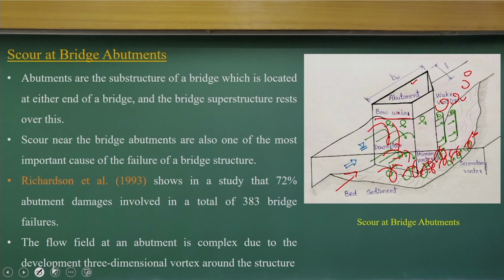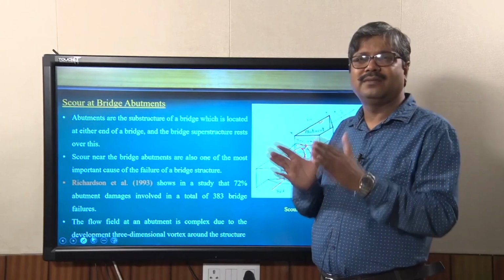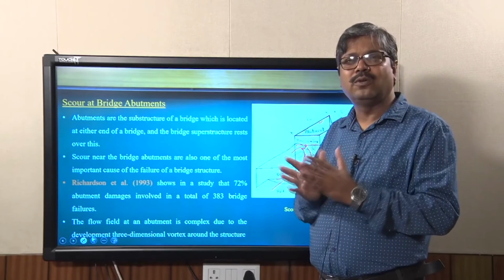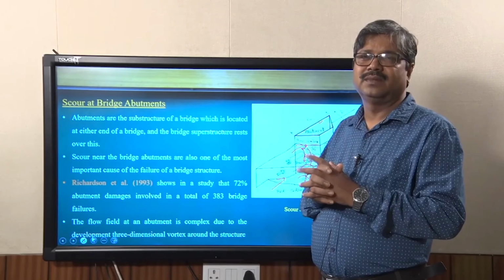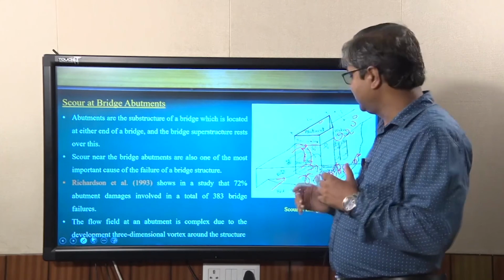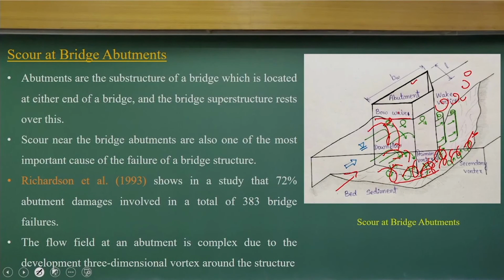At the surface you can have a bow vortex. If you look at how the flow structures change when you have flow near an abutment, there will be downflow, formation of horseshoe vortexes, secondary vortexes, wake vortex formation, bow vortex formation, and the scour holes.